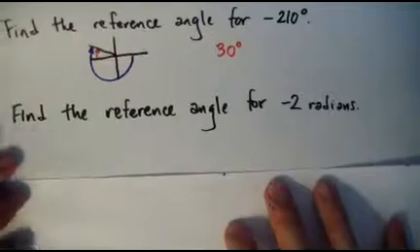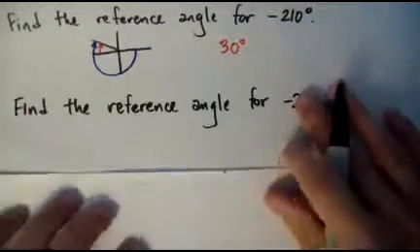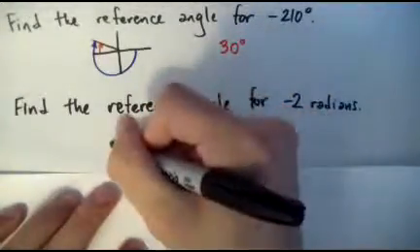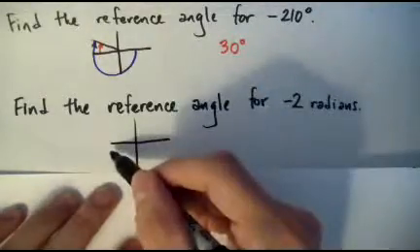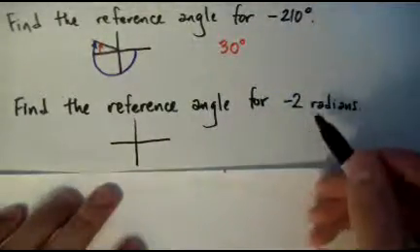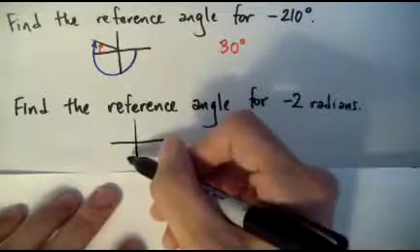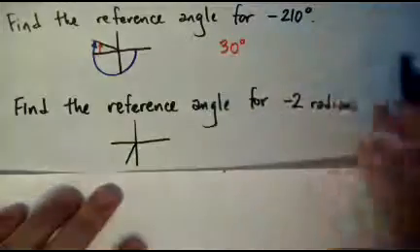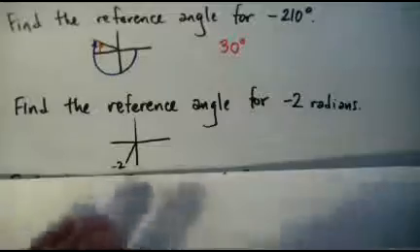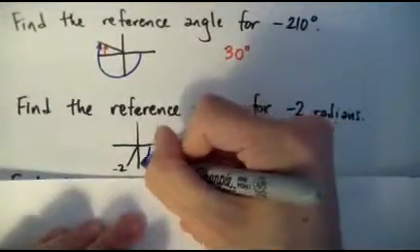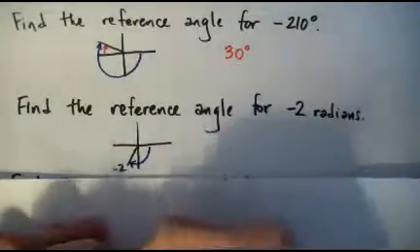All right, now just a little bit trickier. Let's find the reference angle for minus 2 radians. So what does minus 2 look like? Well, minus pi would be 180 degrees, or half a full rotation in the negative direction. So minus 2 radians is going to come up a little bit short of that. It's going to come up somewhere over here. So that's minus 2. And so our reference angle is going to be the difference between those two.